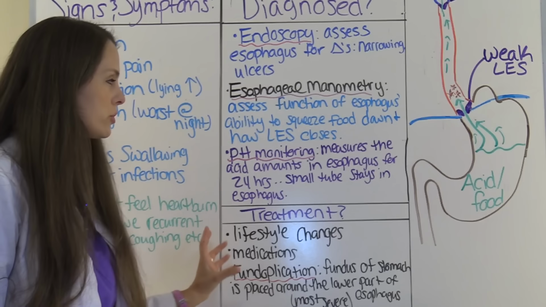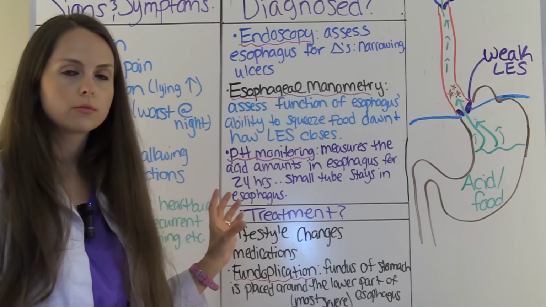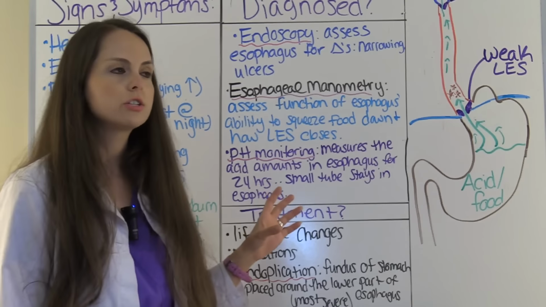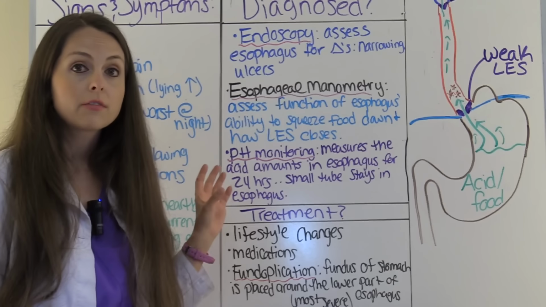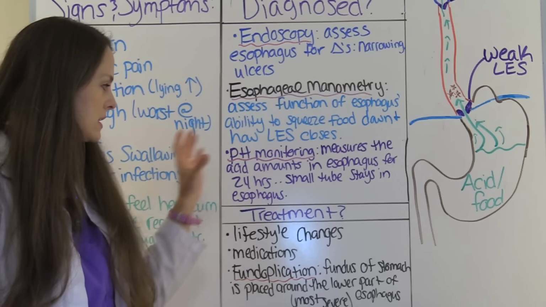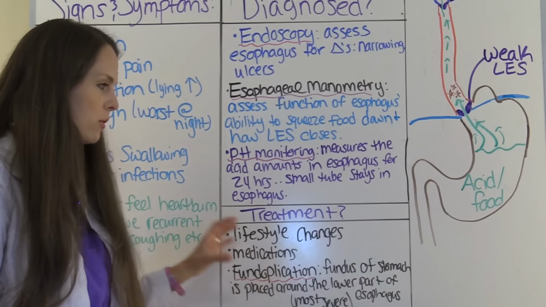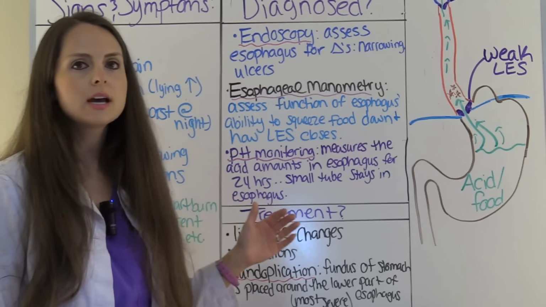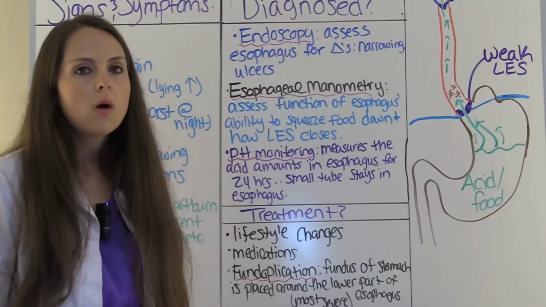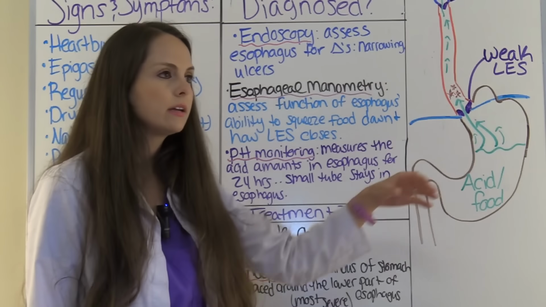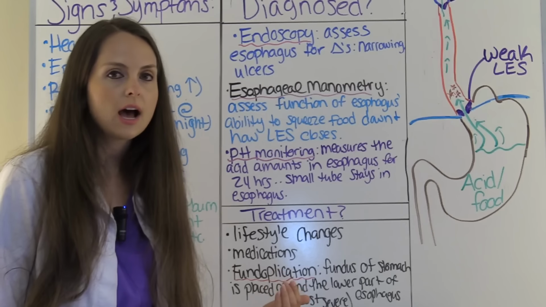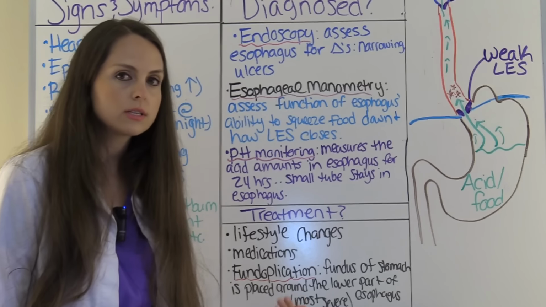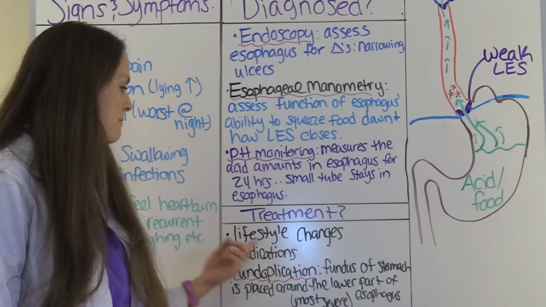Now, what are the treatments for GERD? We're really going to hit on this in the nursing interventions and diet, and we're going to go over the medications in depth, but let's see in a nutshell what the treatment is. Lifestyle changes, such as losing weight, because obesity can cause this, changing your diet, the foods that you eat, quit smoking, things like that.